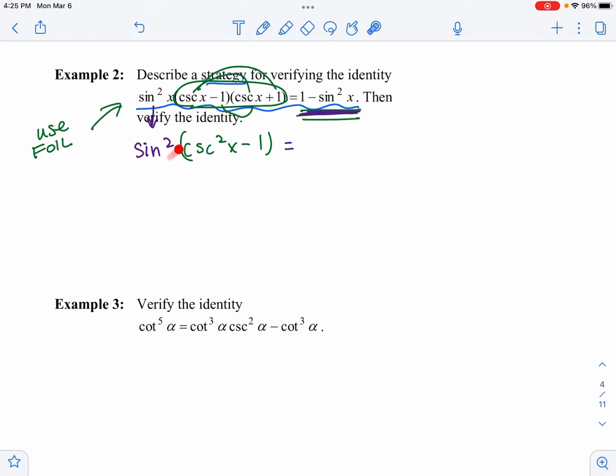Now what I'm looking at, I've got a sine squared, but look at this. I've got this 1 and cosecant squared. I know that we've got our Pythagorean theorem, sine squared plus cosine squared equals 1.